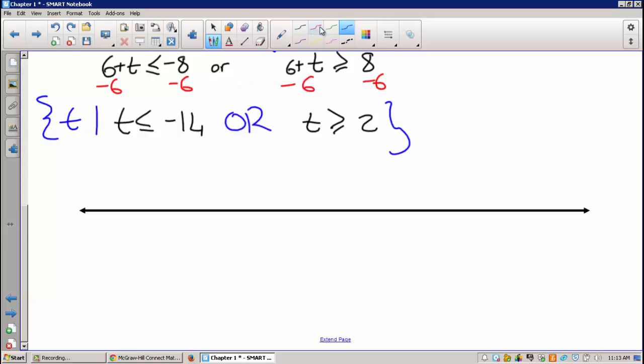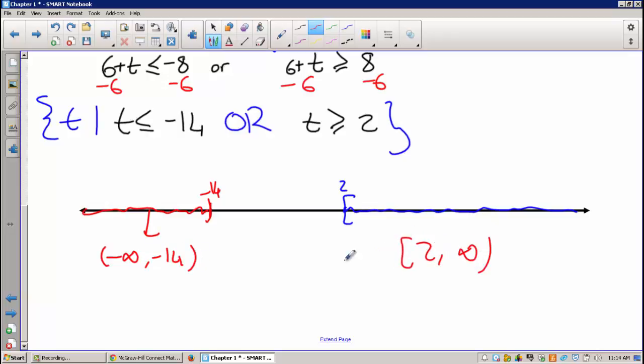Alright, t less than minus 14 is this guy, and t greater than 2 is this guy, 2 and more. Well, unite this. First, turn this into interval notation, negative infinity, negative 14, and 2, infinity, and put a U in the middle and put this answer in the box.